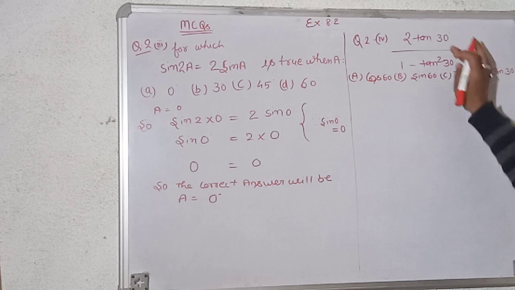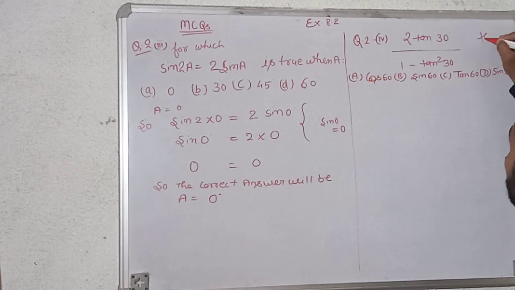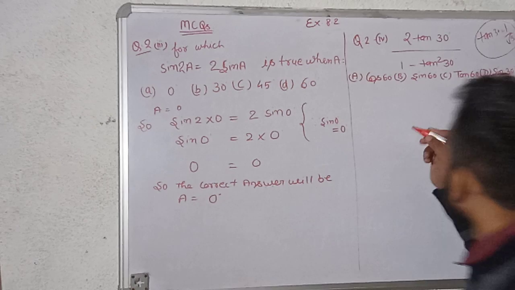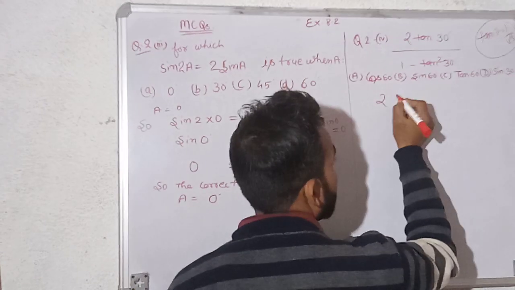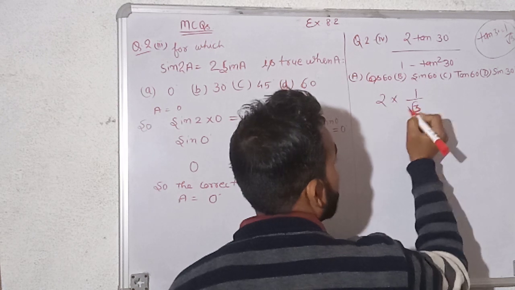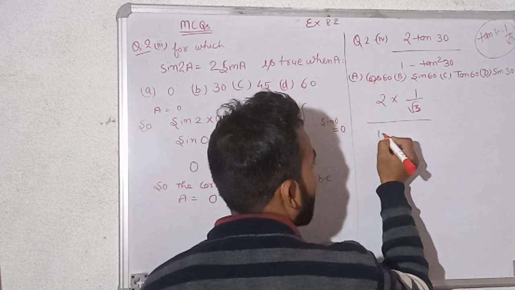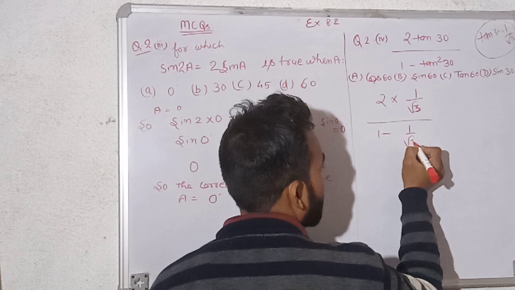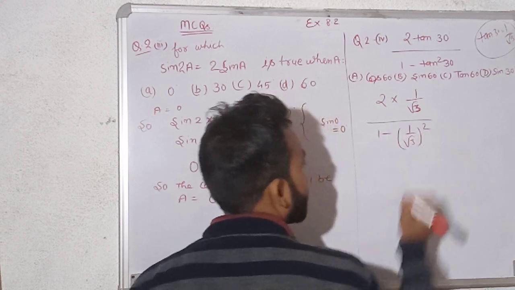We have to know tan 30 degree is equal to 1 by root 3. So we put this value in this question. So it will be 2 multiply 1 by root 3 upon 1 minus 1 by root 3 whole square.